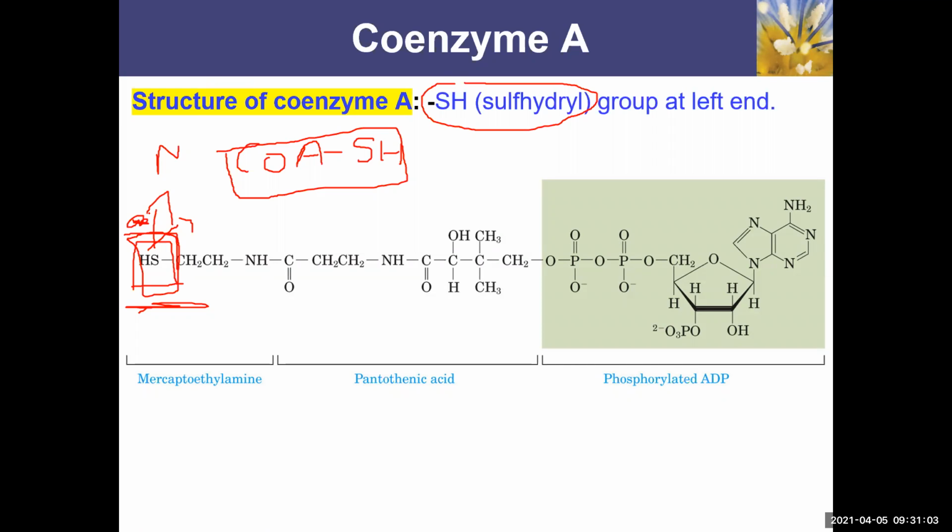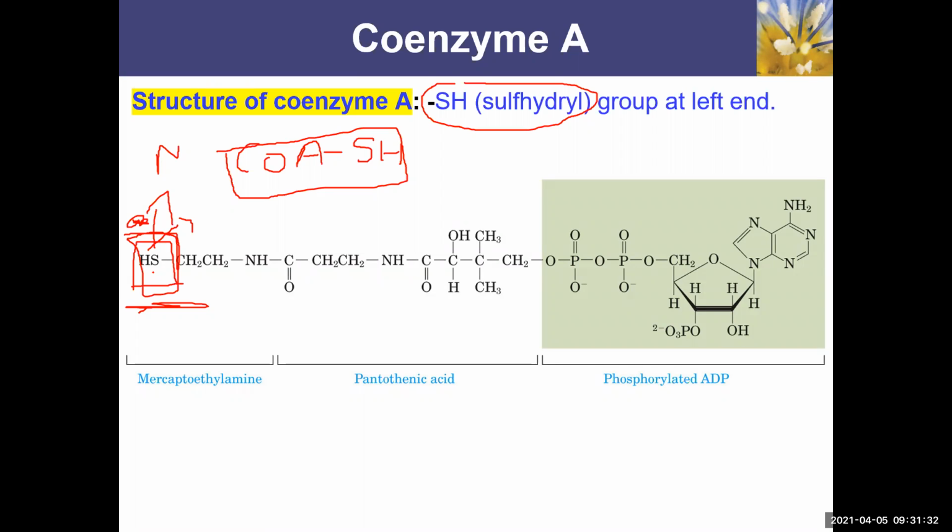So what do you need to know? You need to know that coenzyme A is a coenzyme. Number one, it helps the enzymes to function. Number two, what is it known for? It's known for this special group over here, which is called the sulfhydryl group or a thiol group. It might contain one thiol group or sometimes more than that.